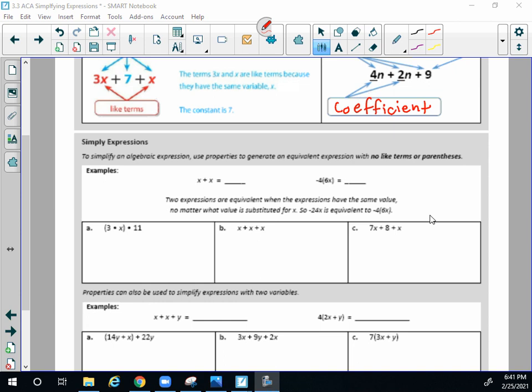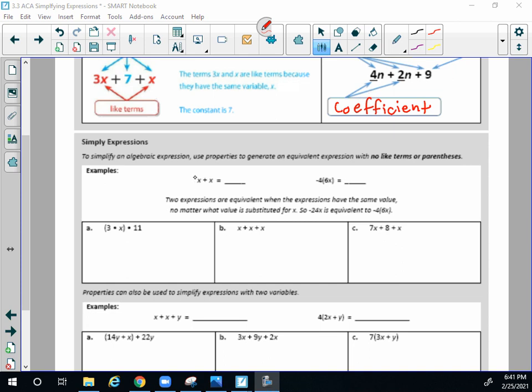It says to simplify an algebraic expression, use properties to generate an equivalent expression with no like terms or parentheses. So our goal is to get rid of all the like terms and combine them into as few terms as possible. And we can use coefficients to help visualize how many of each term we have.